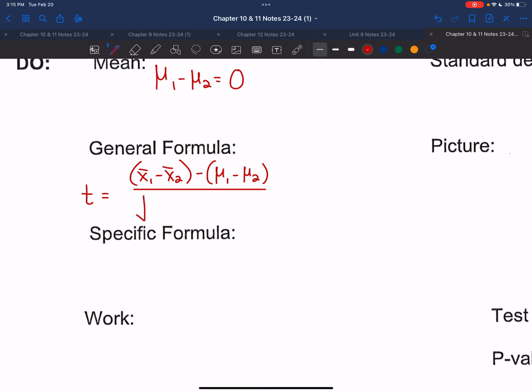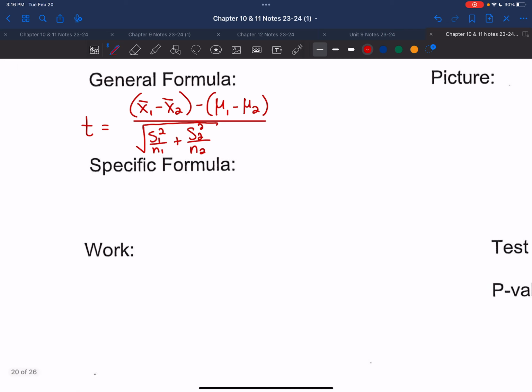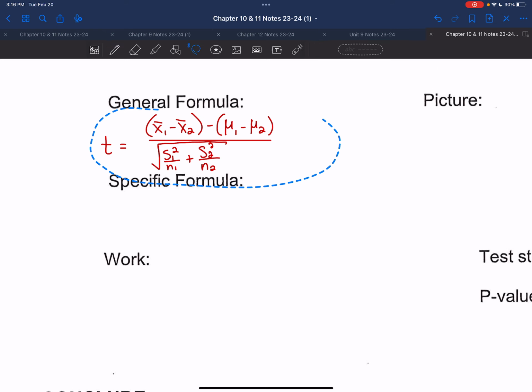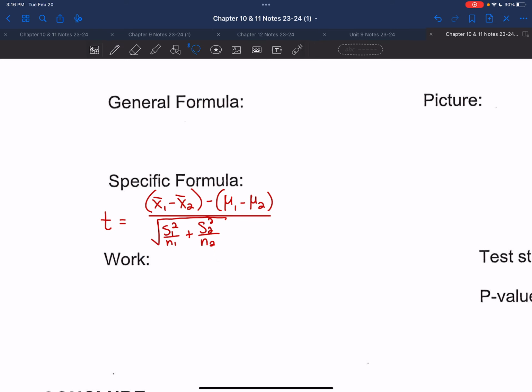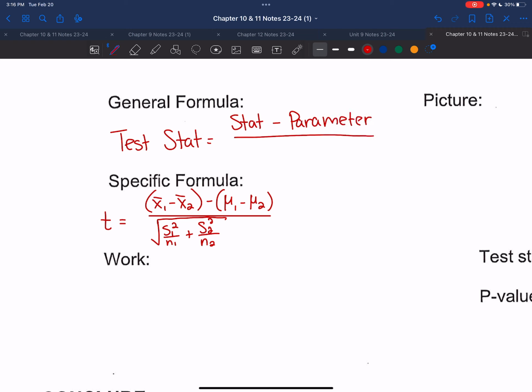So that is the square root of S1 squared over N1 plus S2 squared over N2. Okay? And I actually need to write this down here. So this is our specific formula. So again, for the general formula, test statistic is equal to statistic minus parameter divided by our standard deviation.